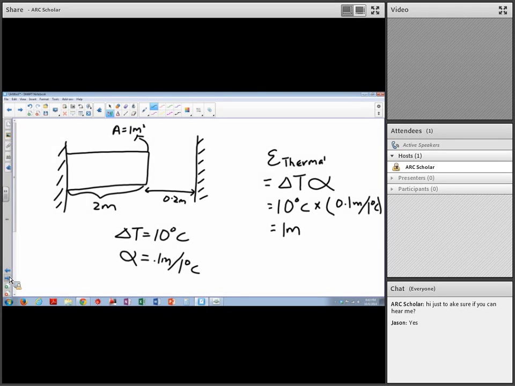And here there is only a 0.2 meter gap. So we can see this thing is going to increase all the way here, but pushed back by the wall.